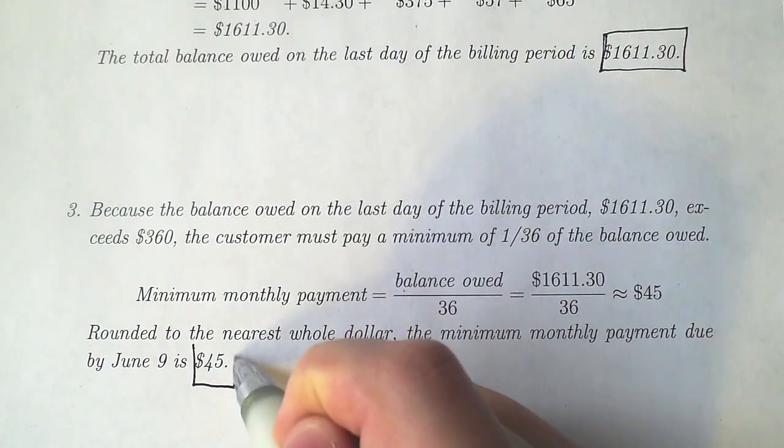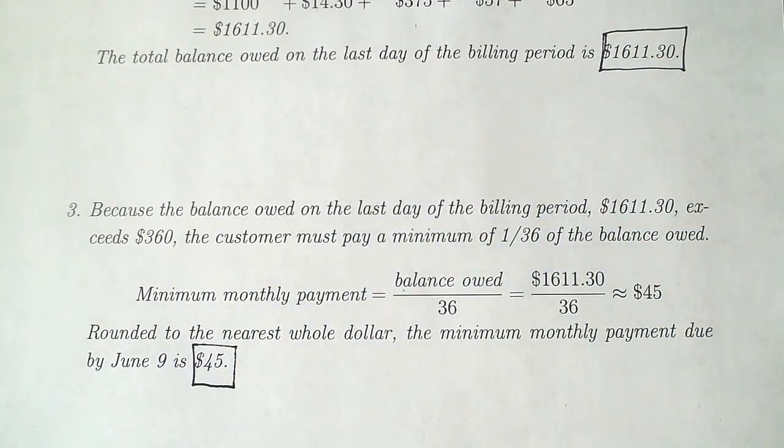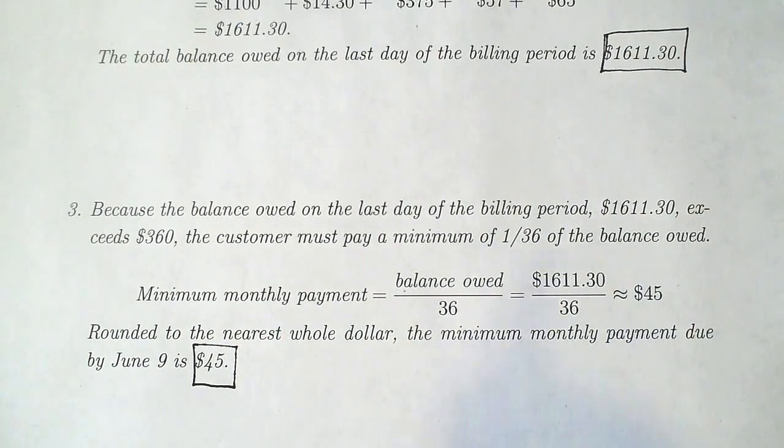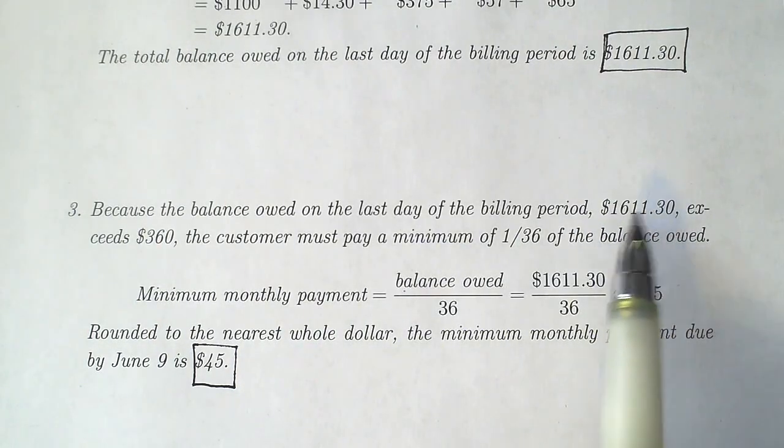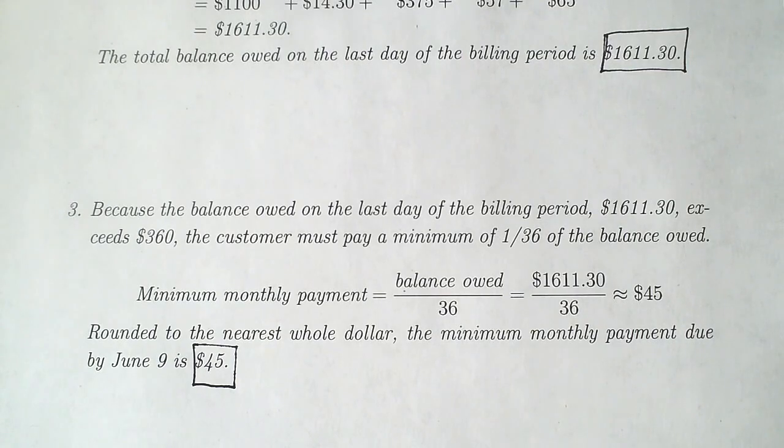And that's where this comes from. So you see, this credit card would require, at bare minimum, $10, right? But because the balance owed was quite a bit larger, the minimum payment for that month was $45.